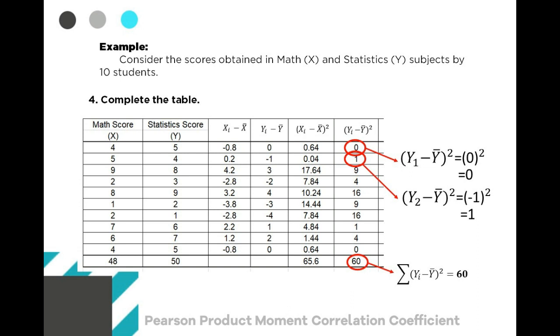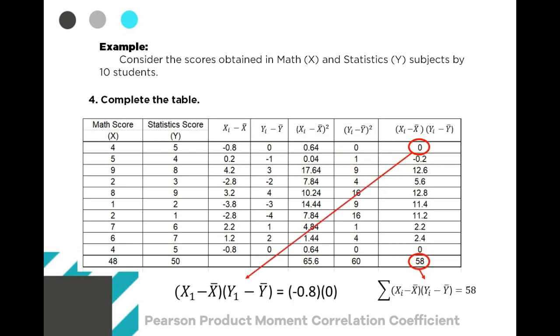And then the last part of our table, we have x sub i minus the mean of x, multiplied by the quantity y sub i minus the mean of y. So we'll be just multiplying column number 3 and 4. So negative 0.8 times 0 is definitely 0. 0.2 times negative 1 is negative 0.2, and so on and so forth.